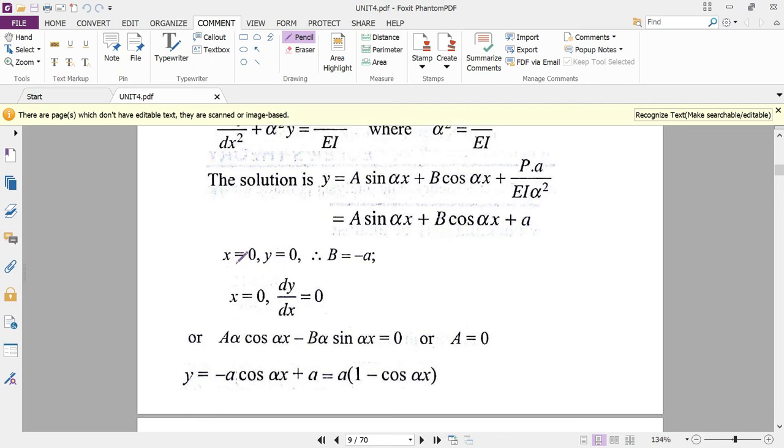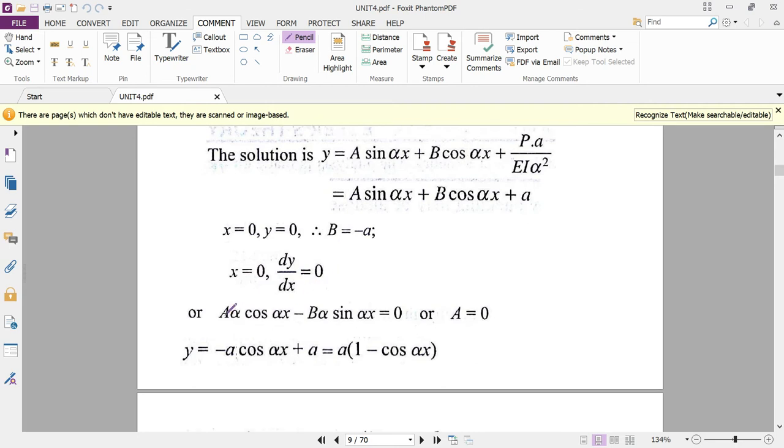Now put the conditions: at x equal to 0, y equal to 0, so ultimately b equal to minus a. And again when x equal to 0, dy by dx equal to 0, so here the condition is a alpha cos alpha minus b sin alpha is equal to 0, where a is equal to 0. Again y is equal to minus a cos alpha x plus a, that is equal to a into 1 minus cos alpha x.